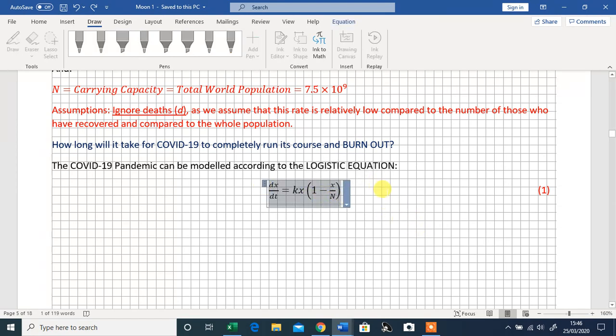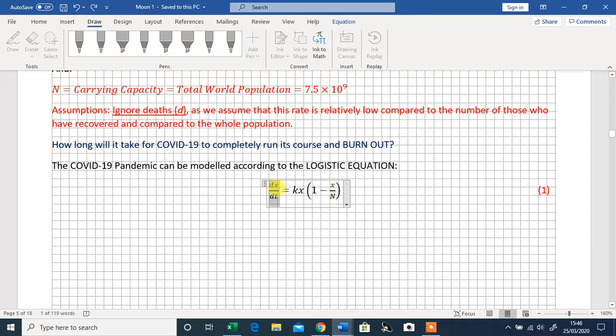What you will notice is that this is an ordinary differential equation, and what this says is that the rate at which people get infected, which is this dx by dt, the rate at which the number of infectives increases, is proportional to the number of infectives at any time t multiplied by, in brackets, 1 minus x, being the number of infectives at any time t, divided by N, close brackets.